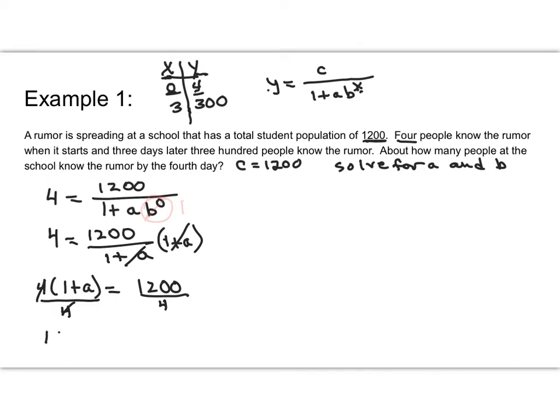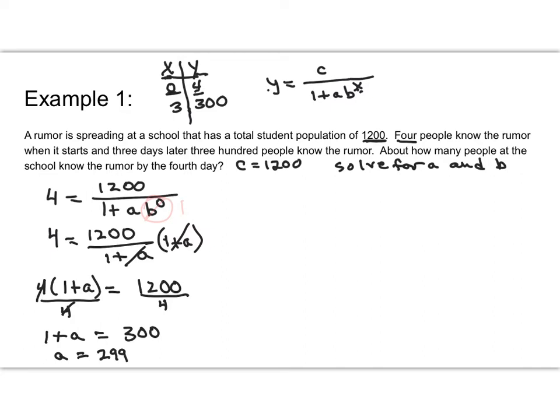And that leaves me with 1 plus a, because the 4's are going to cancel out. That's the whole point of that. Equals 300, which means that a is equal to 299. Great, now all I have left to solve for is b.